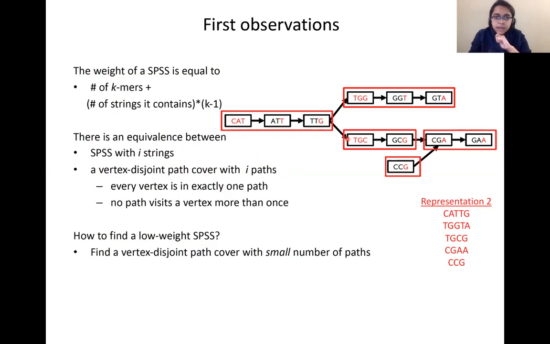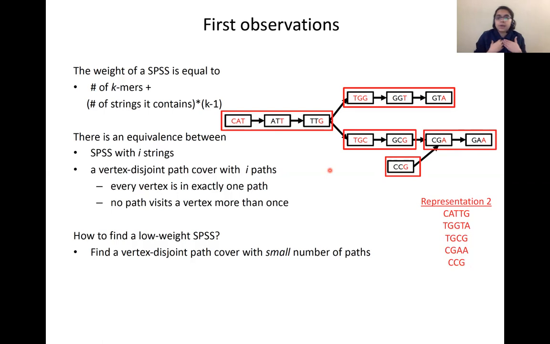I've marked in red the paths in this graph. There are 5 paths here, and each of these 5 paths constitute a vertex disjoint path cover where every vertex is in exactly one path and no path visits a vertex more than once. Also notice that for each of these paths, there is a spelled out string here in red. That tells us that to reduce the weight of an SPSS, we have to reduce the number of paths in the vertex disjoint path cover.